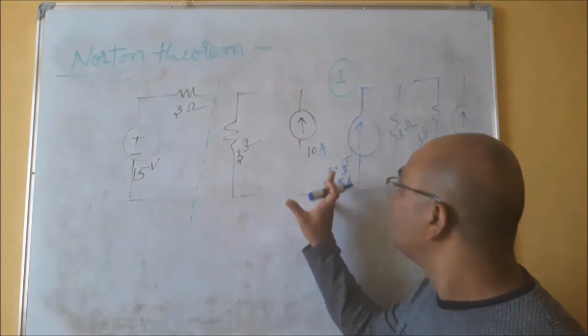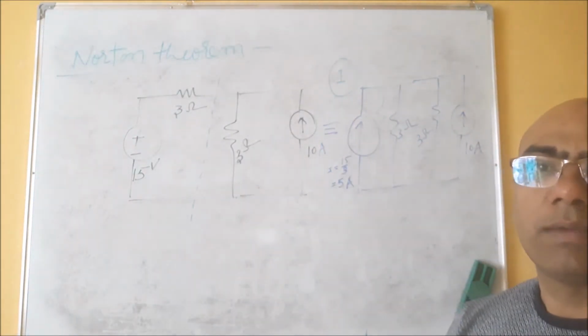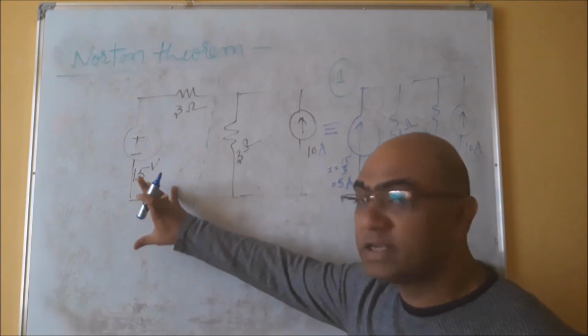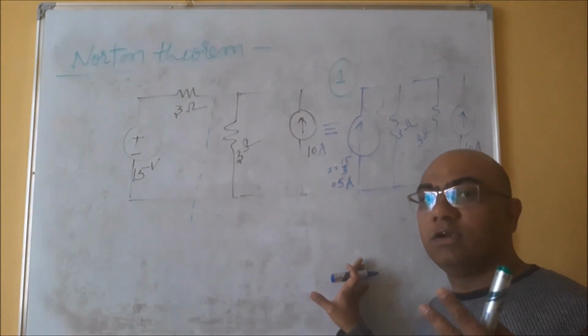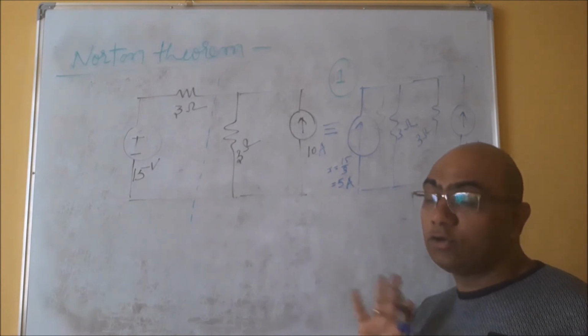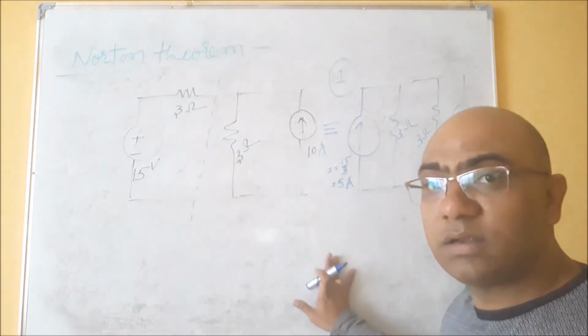So this circuit and this circuit both are the same. The difference is this circuit has one voltage source and one current source, while this circuit has two current sources. It looks different, but conceptually both the circuits are the same.